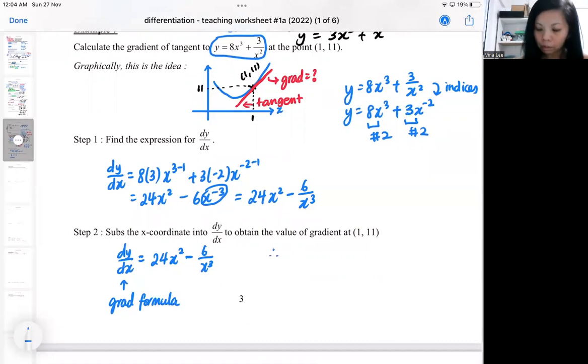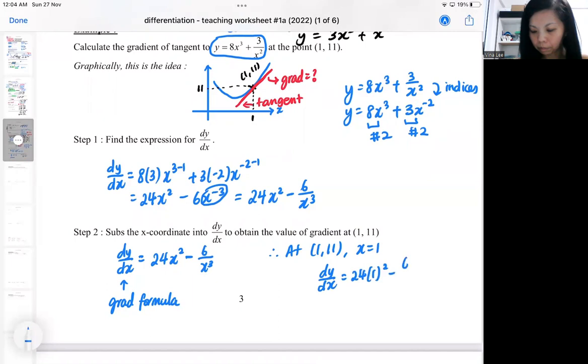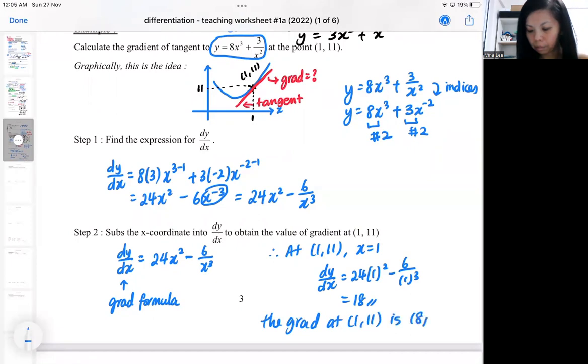So right now, you should sub in the x coordinate. So the gradient is 18. You sub in x, you do not sub in the y coordinate. Some people will sub in the y coordinate.